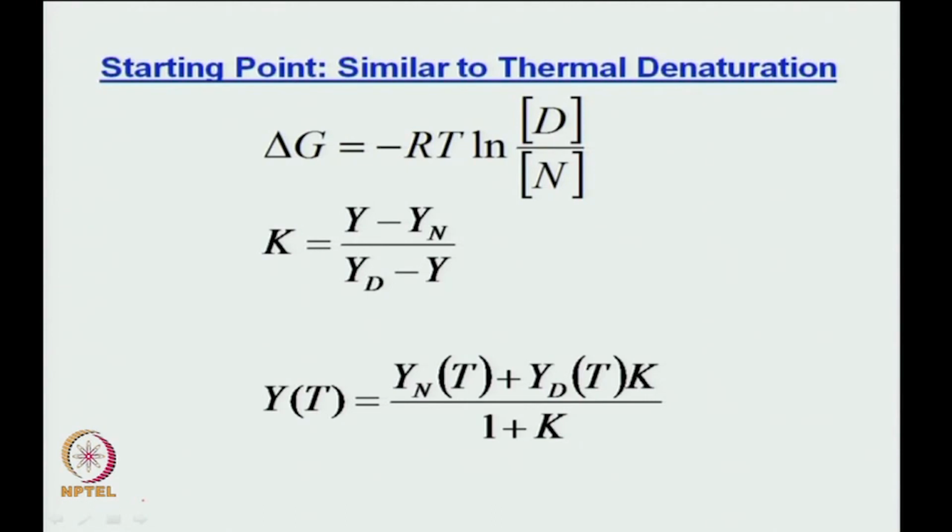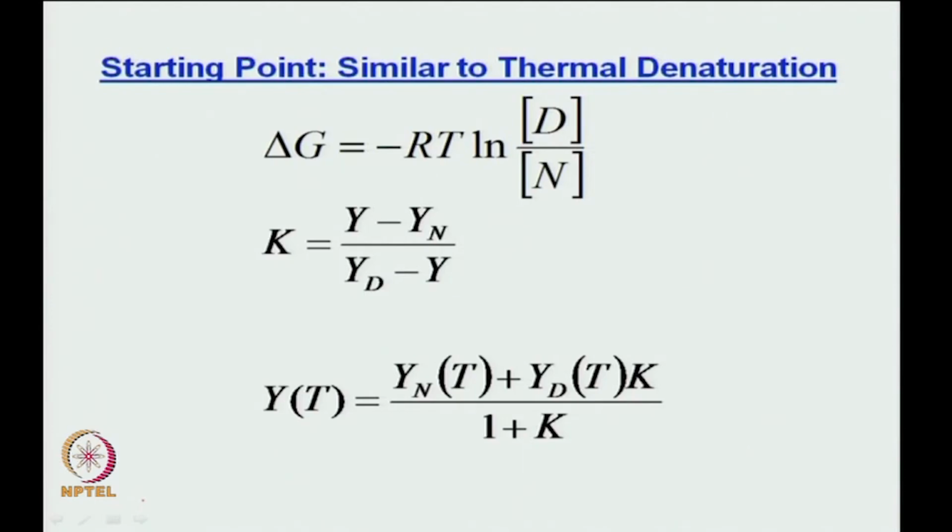You are varying the concentration of the denaturant. In thermal denaturation you are varying the temperature, everything else remaining fixed. In chemical denaturation you are keeping temperature constant, but you are varying the concentration of the denaturant.